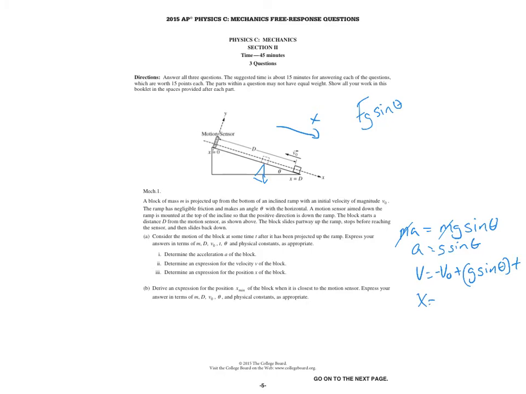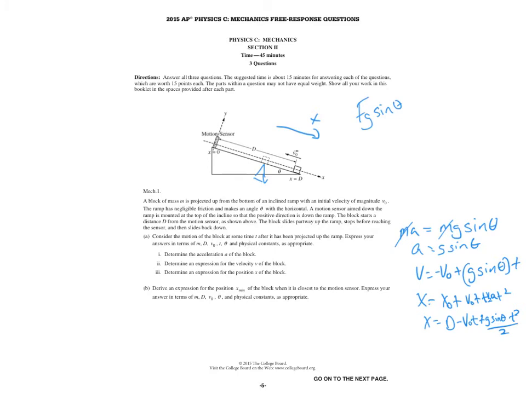The position is going to be, remember, x naught plus v naught t plus 1/2 at squared. So x is going to be equal to d minus v naught t, because the initial velocity is in the negative direction according to what they've set up, plus g sine theta t squared over 2. All right.